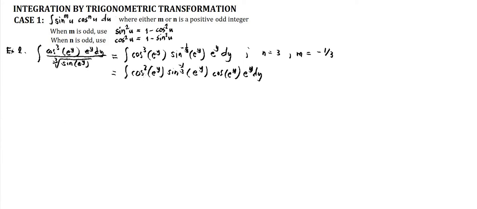Kaya yung cosine squared, gagamitin na natin yung transformation, na cosine squared equals 1 minus sine squared.